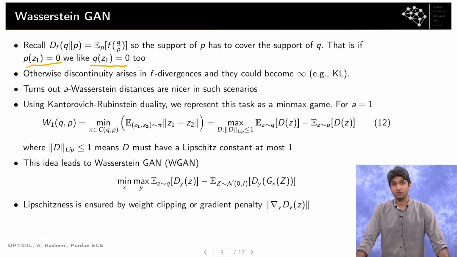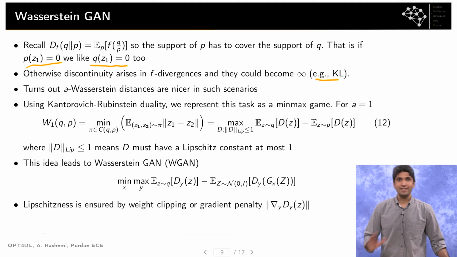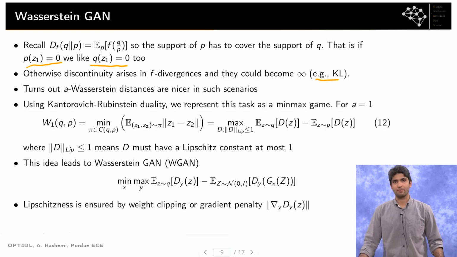For instance, in the case of Jensen-Shannon divergence. Or it could also result in an infinite divergence in the case of the KL divergence. Okay, so therefore, when the distributions that we are using, so the real one and the parametric one that we use to fit that, don't have overlapping support, there is going to be some issues with F divergences.